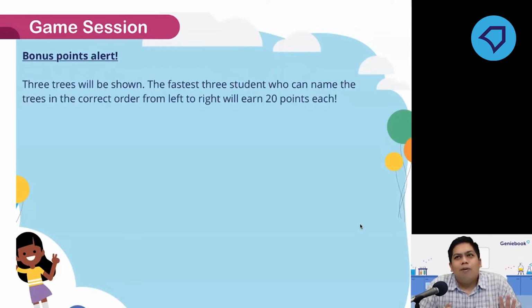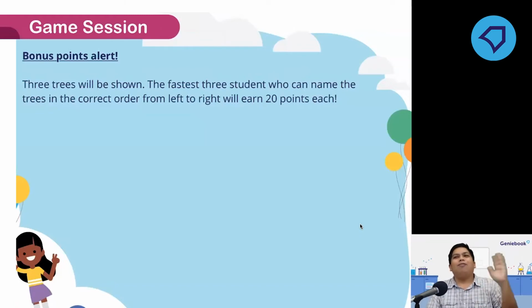So like I said, I'll be very strict with the spelling, with whether there's any spacing or not, and whether the name of the plant has tree or not. Okay, T-R-E-E. Yes, hold on. I'm only showing three pictures, three trees only, and it must be from left to right.